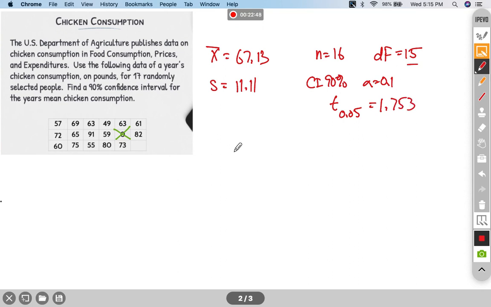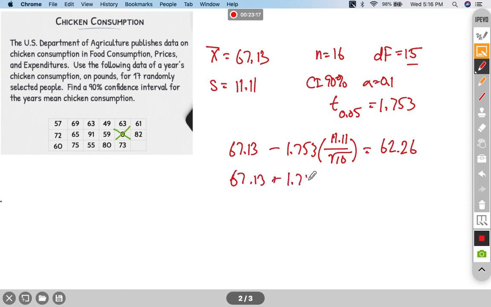So when I plug that into my formula, I go 67.13 minus 1.753 times s, 11.11 over the square root of 16. I will get 62.26. And if I go 67.13 plus 1.753 times 11.11 over the square root of 16, I get 72.